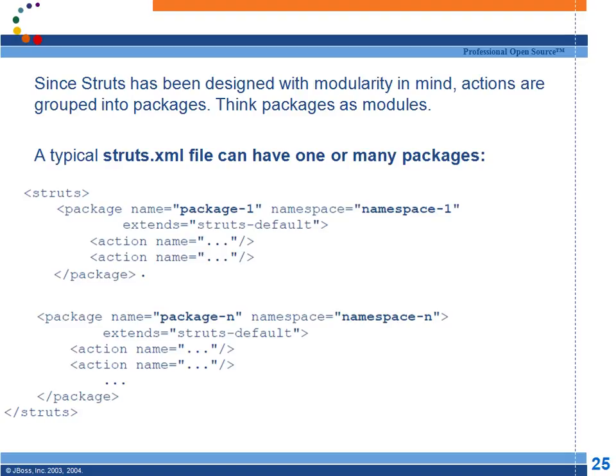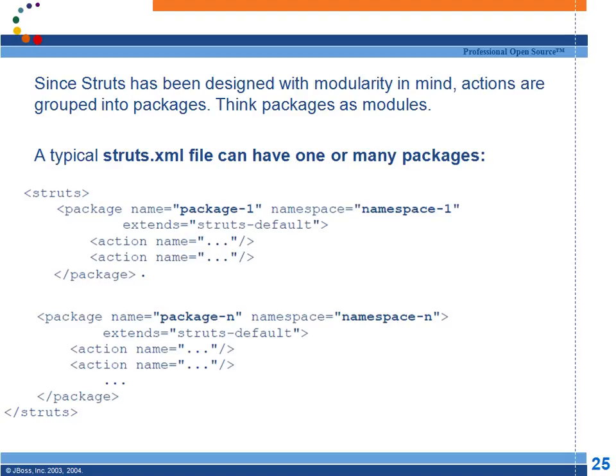Struts.xml. Since Struts has been designed with modularity in mind, actions can be grouped into packages. If my application is too big, then we will be having some modules in our application. For each module, you can create a package. Every package tag will have a name.